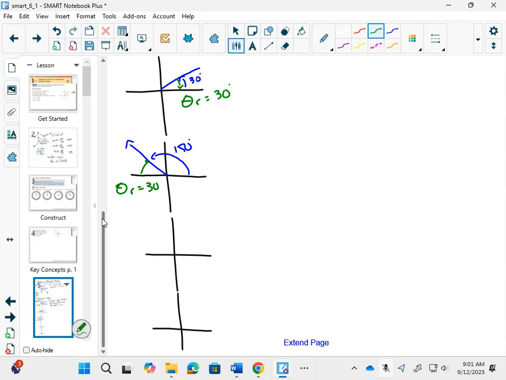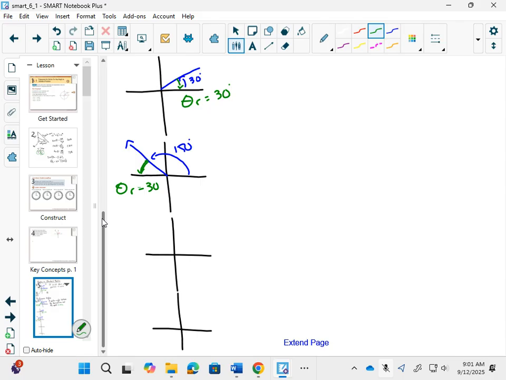It doesn't matter which way you put the arrow for your reference angle, because when we label a reference angle, it's positive anyways. So I can put the arrow this way or that way. I'm not changing positive or negative. Positive or negative angles is when we're talking about standard position. So that's 30 degrees there.